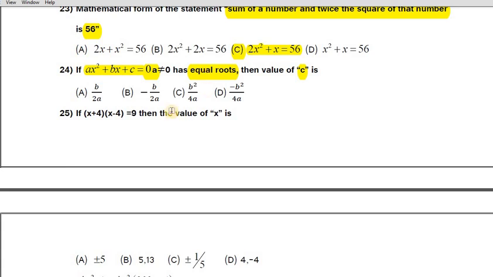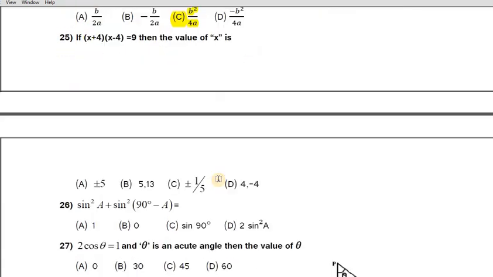So in that case find the value of c, children. b square minus 4ac equals 0, transfer minus 4ac to the right side, we get plus 4ac. We want to find the c value, so transfer 4a to the left side, it becomes the denominator. Hence we get the correct option as b square by 4a. Next question.